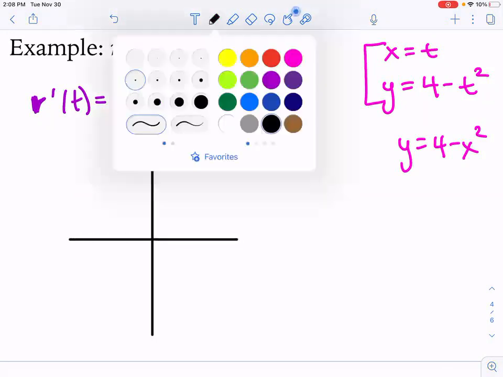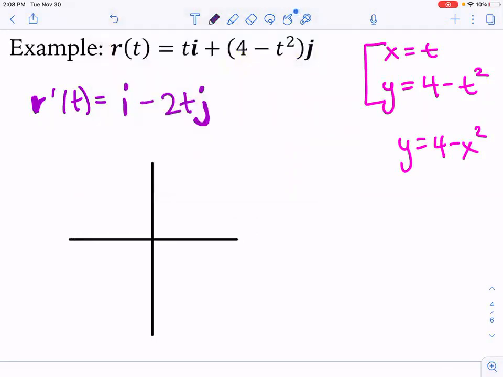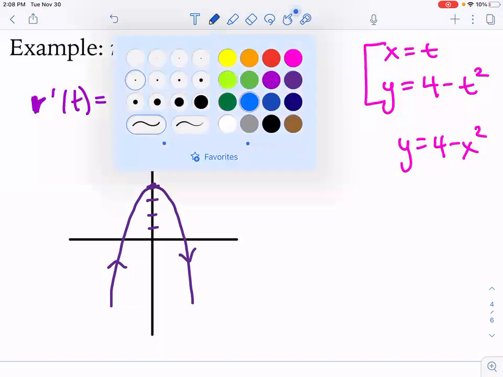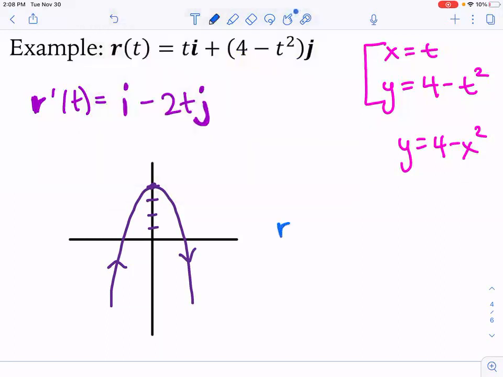Okay, and our orientation is this way. All right, so if I asked you to evaluate r prime of 1, first of all, what would that vector be? i minus 2j.